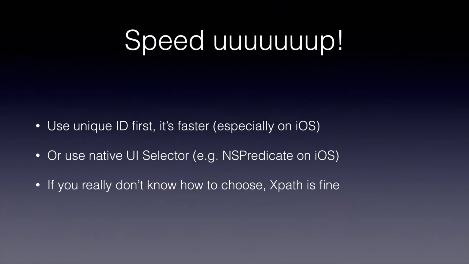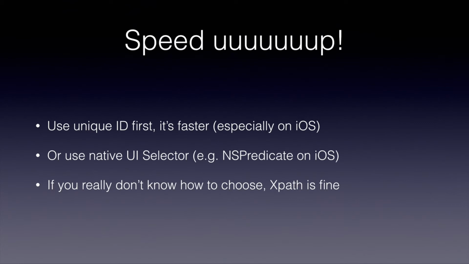Okay, we have introduced how to use the app inspector and how to locate the element, but we still have a problem because sometimes, especially on iOS, using XPath is very slow. So how do I know which element locator I should use?